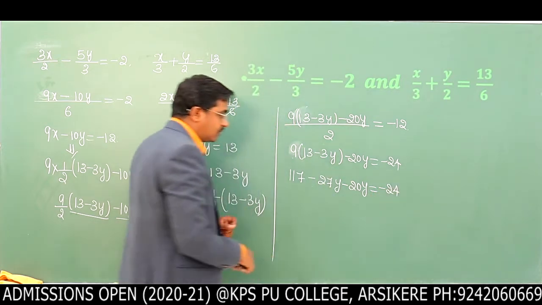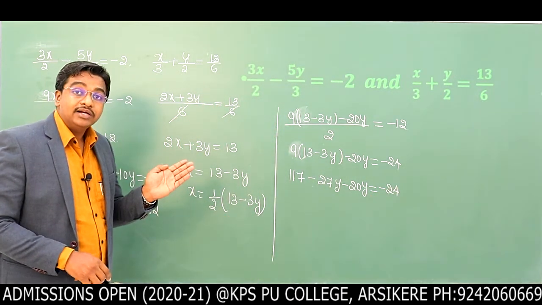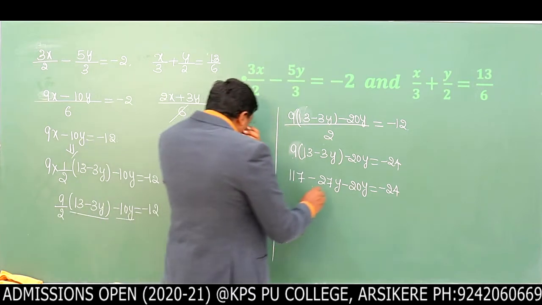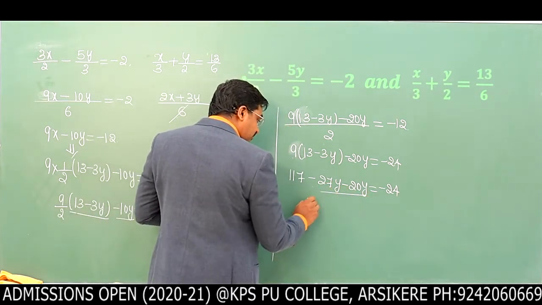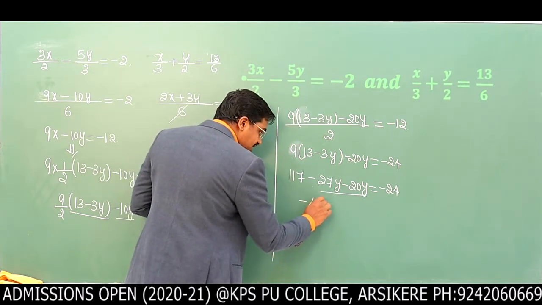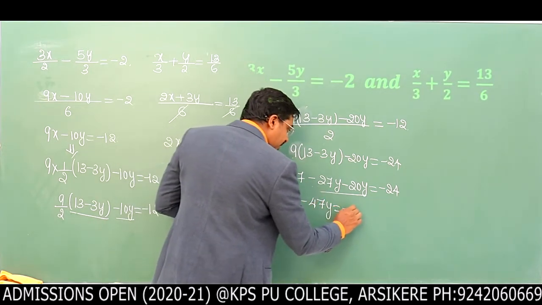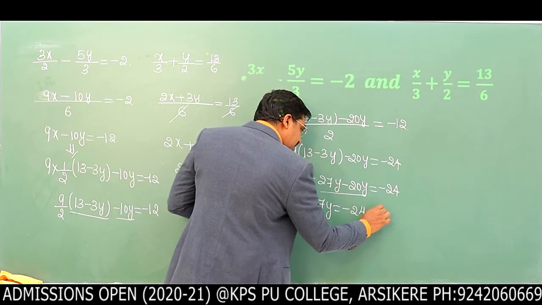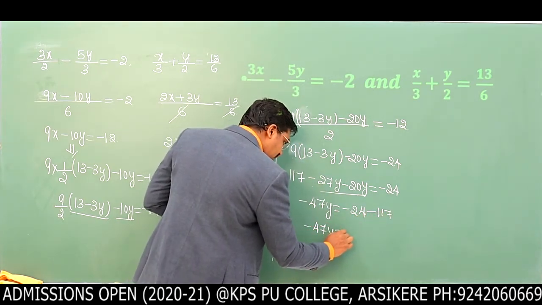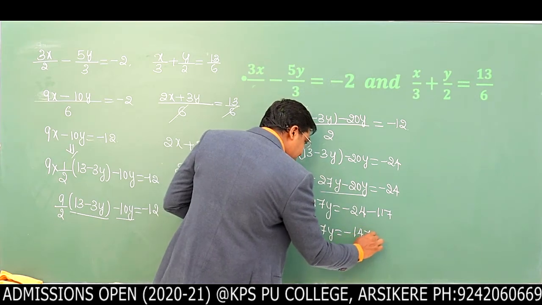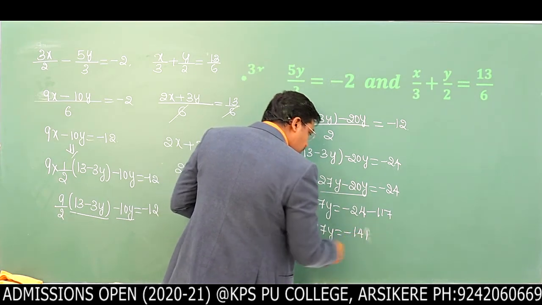Next, take 117 to the right hand side. Minus 27y minus 20y becomes minus 47y is equal to minus 24 minus 117. So minus 47y is equal to minus 141. Sorry, 141, this one.